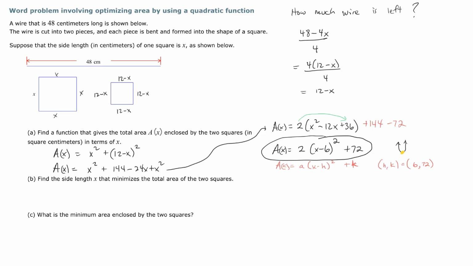Let's see what the 6 represents. The length of 6 centimeters minimizes the total area from the two squares.